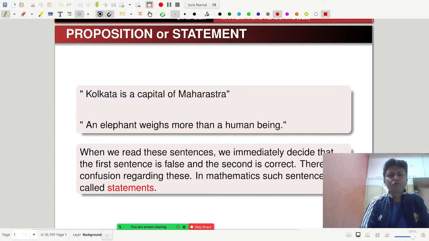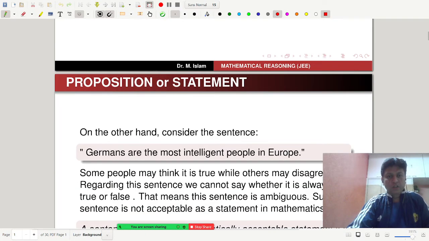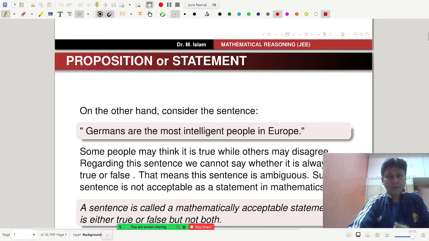There is no confusion regarding this. In mathematics, such sentences are called statements. So a declarative sentence which is either true or false but not both is called a proposition or statement. So, what is a proposition or statement?